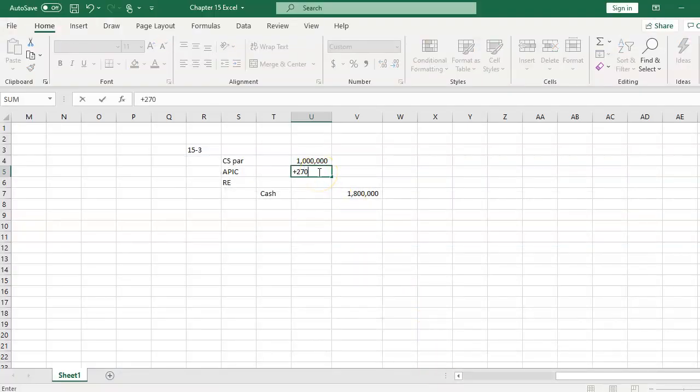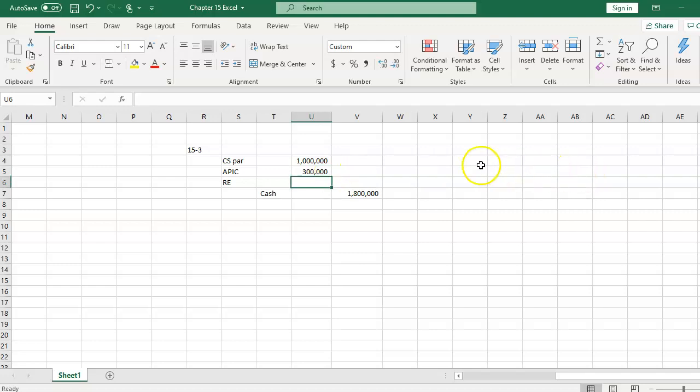So it's 2.7 million divided by 900,000. Okay, that gets you to $3. And that's the key, is you had to recognize that those shares were sold at $3 above par. So once you got that down, then this is easy, because I just take that $3 and multiply it by the 100,000 shares, which we all know is $300,000. No question there.